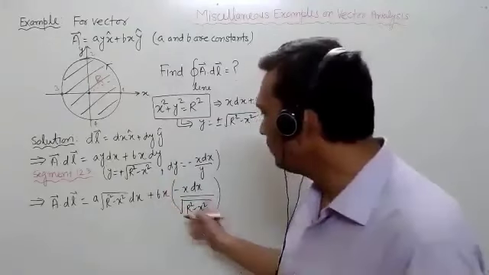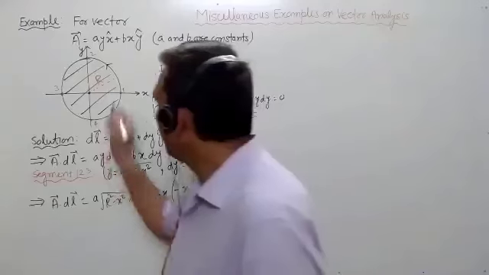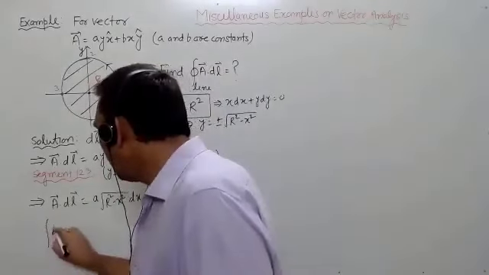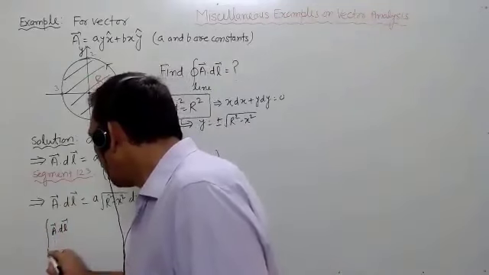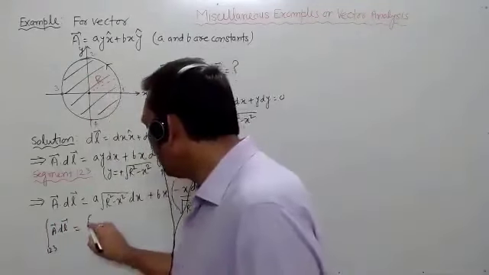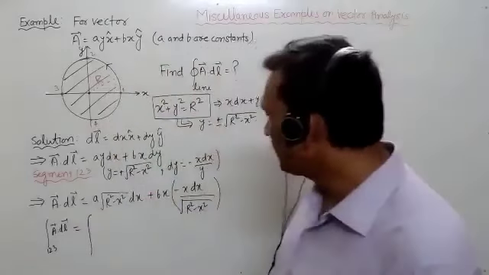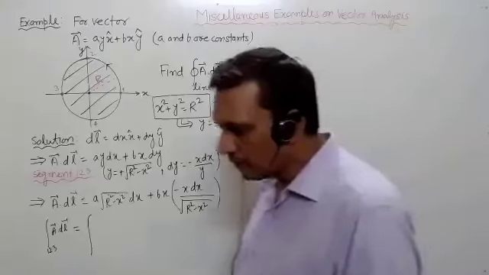So you have two terms. What will be this integral, the integral of A dot dl over segment 1, 2, 3? What will be the limit of x in this case?